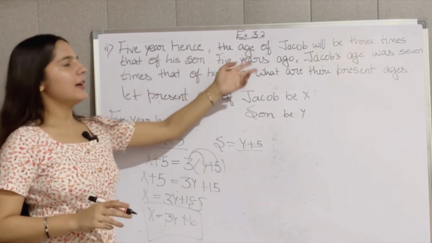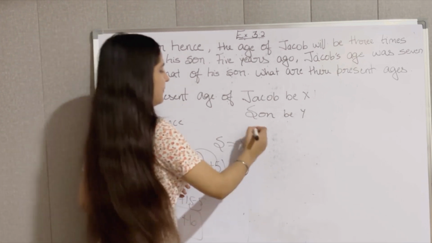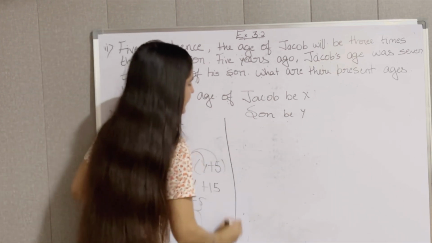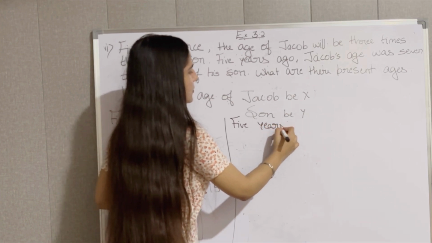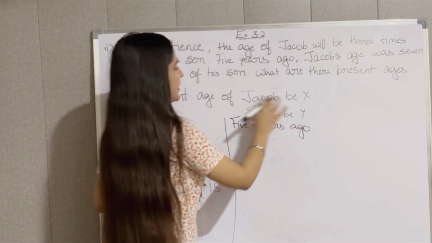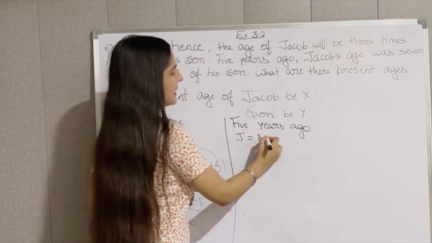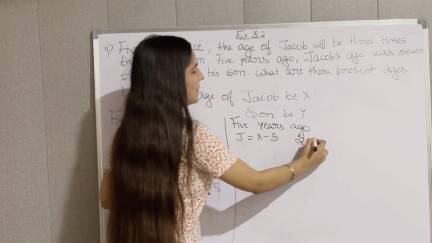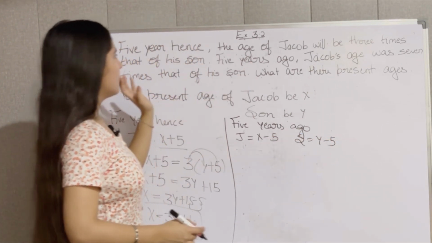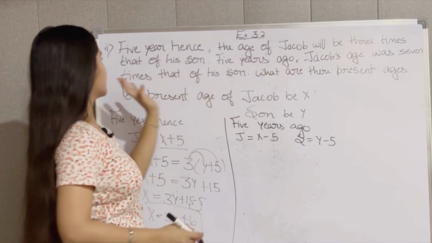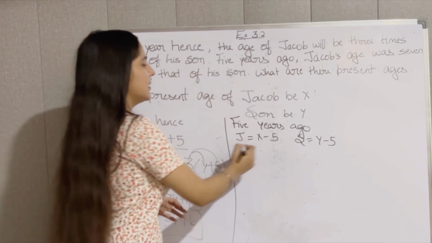Next they are saying 5 years ago. So 5 years ago, first of all we'll calculate their age. Jacob's age will be x minus 5 and his son's age will be y minus 5. Is that clear? Now next we will make the equation. They're saying Jacob's age was 7 times that of his son.